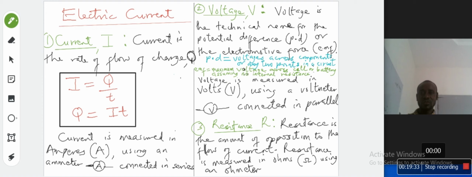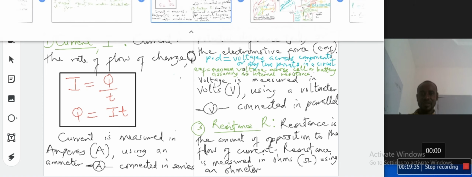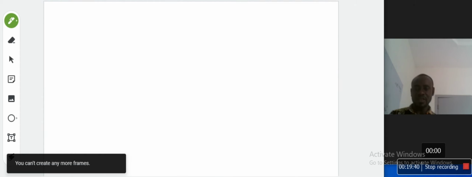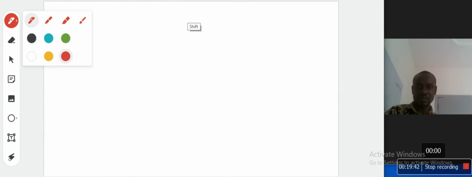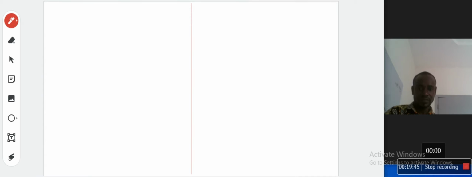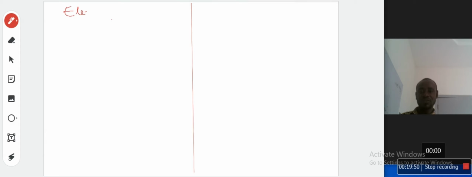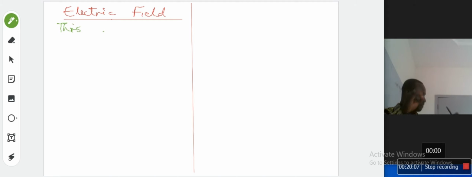let's go to another concept. Are you ready? Go to the next page. Let me introduce this. Electric field. I told you they are all related, just like we have magnetic field. What do you remember about magnetic field? The electric field is the region around a charged object where the electrostatic force can be felt.